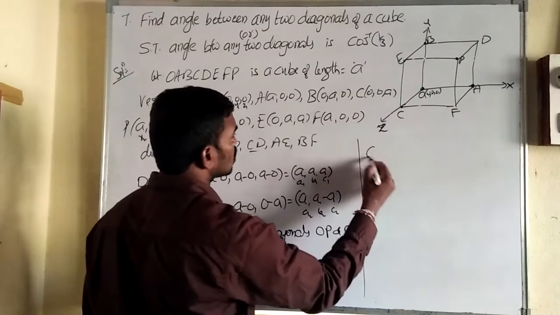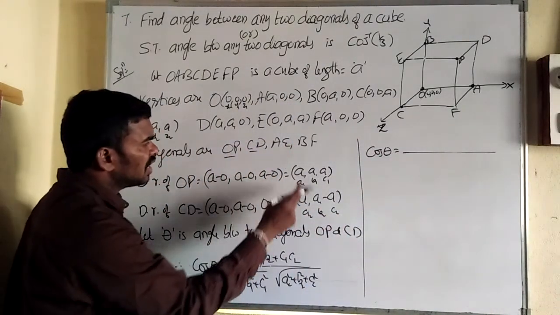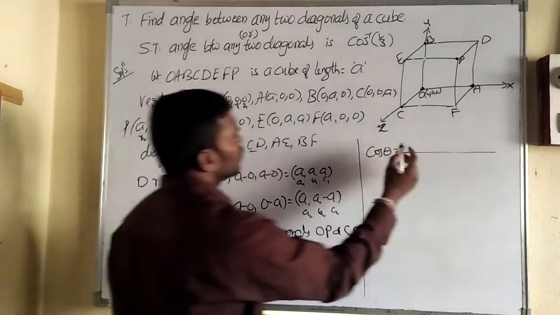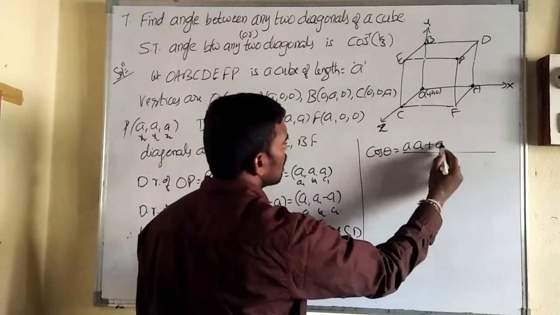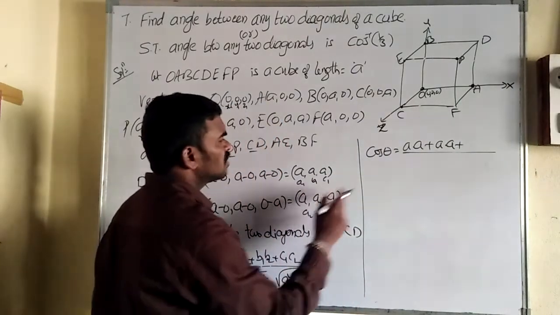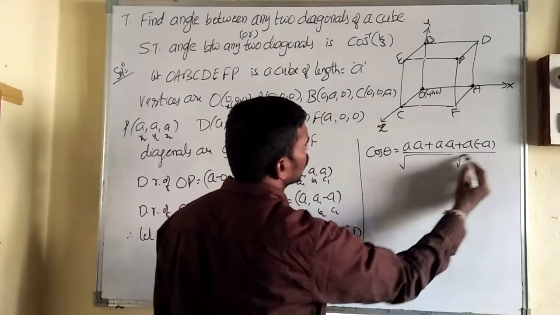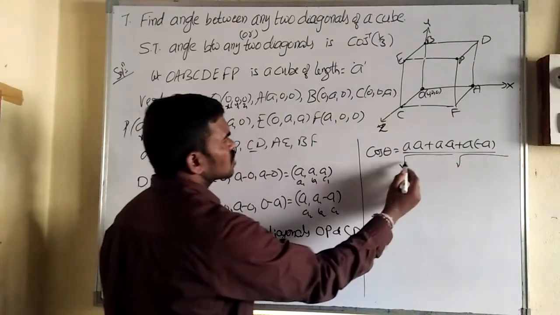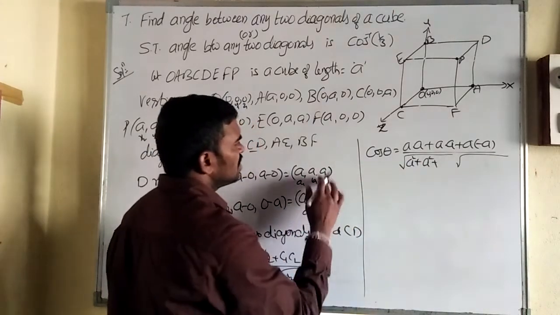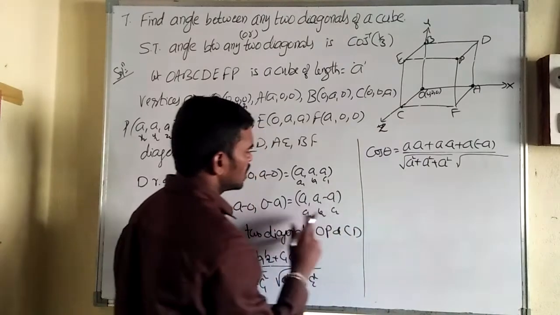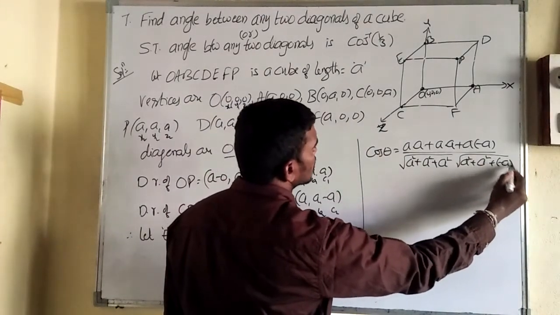So a1 into a2 means a into a, plus b1 into b2 means a into a, plus c1 into c2 means a into minus a, by root of a square plus a square plus a square, next a square, a square, minus a whole square.